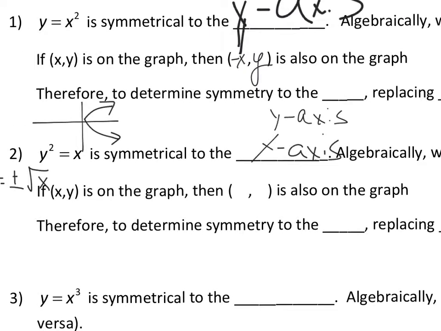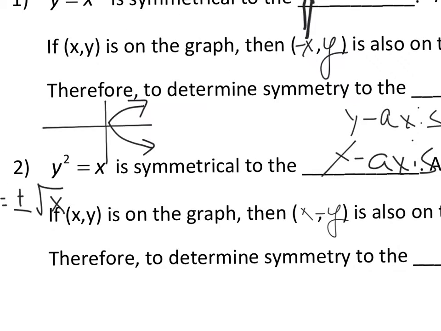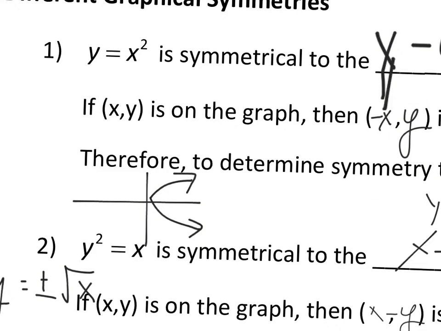Therefore, if (x, y) is on the graph, then (x, negative y) is on the graph. Because if we look up here, relative to the x-axis, some point up here is (2, 4), or (4, 2). This point down here is (4, negative 2).